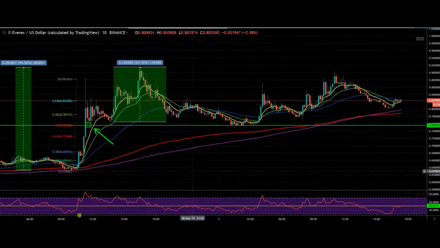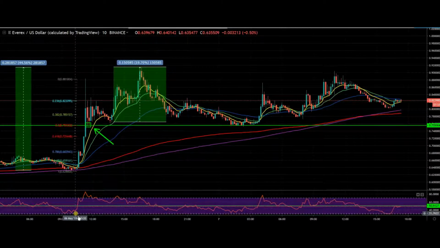Now, I want to talk about the RSI here, for example. When price was breaking out here, you can see on the RSI, above the 50 is bullish, below the 50 is bearish. Sometimes it's not bearish, but for this example, we'll just say it's bullish and bearish.